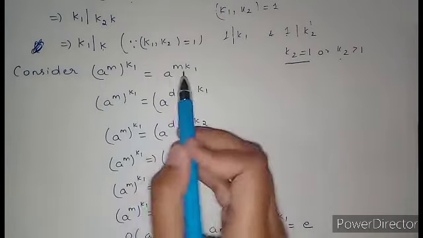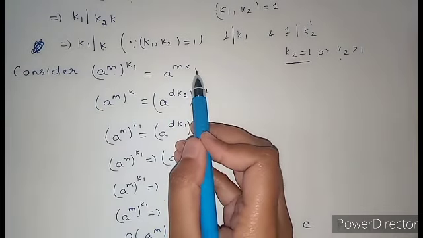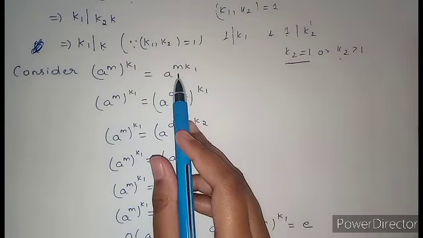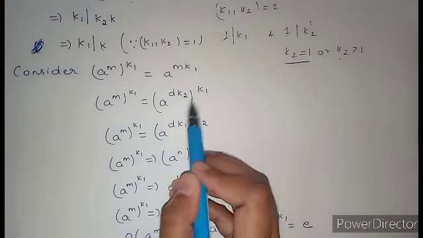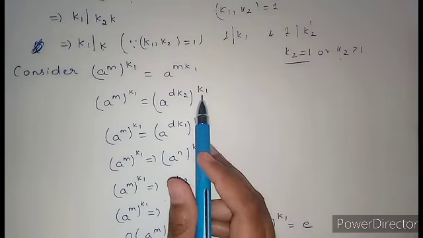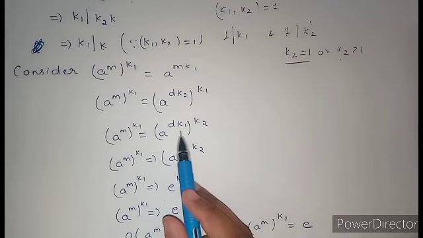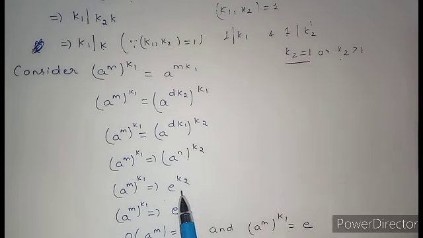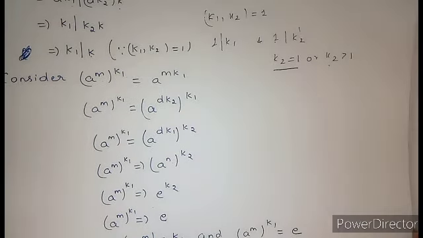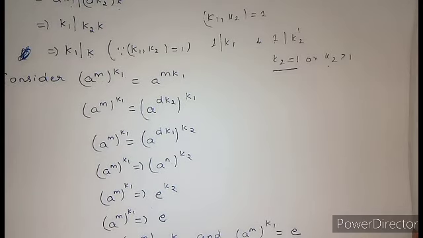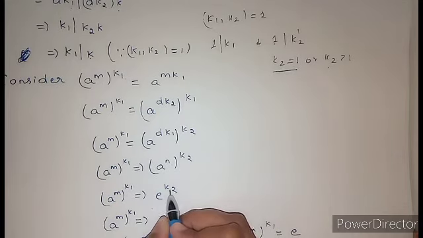Next, consider (a^m)^k1. Combine: a^(mk1). Next, m is equal to dk2, so (a^(dk2))^k1. Now interchange: (a^(dk1))^k2. Next, a^(dk1) is nothing but a^n. So (a^n)^k2. a^n is equal to e, so this is e^k2.